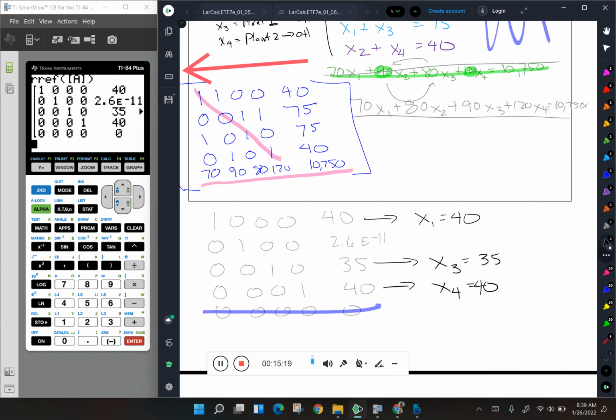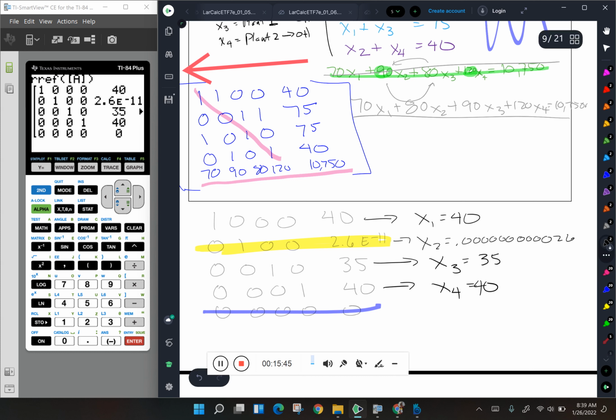What does this mean, though? What does this second row mean? I'm not sure I understand that. Okay? I mean, if I read it off directly, it means that x sub 2 is equal to 0.000000000026. You know what I think that is?